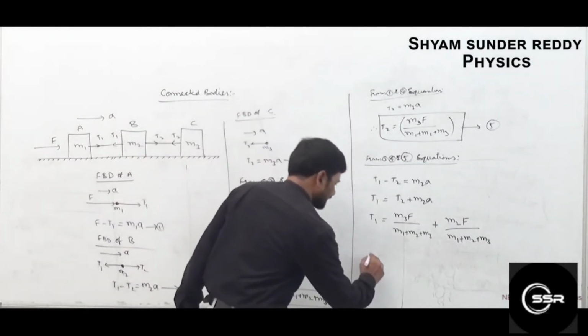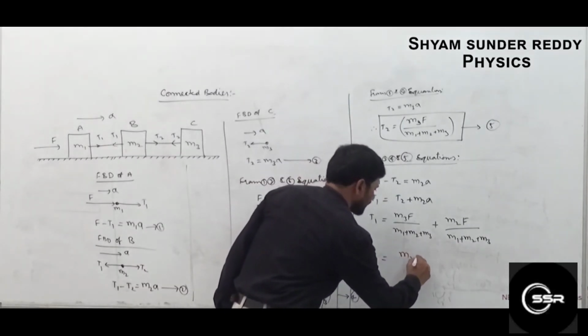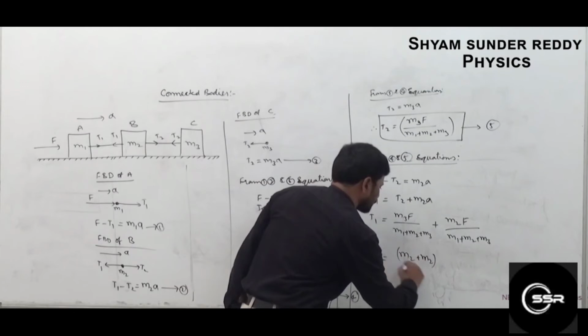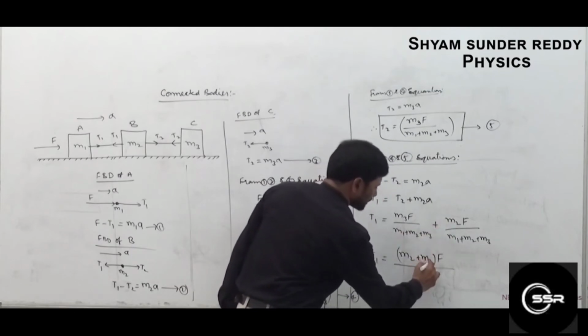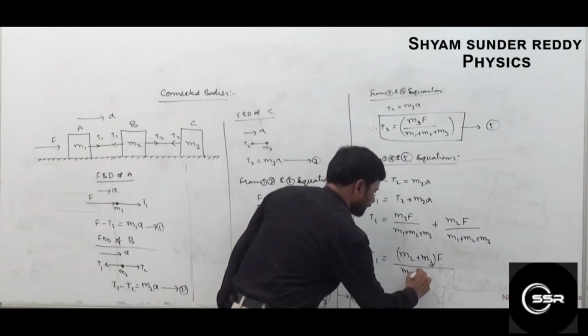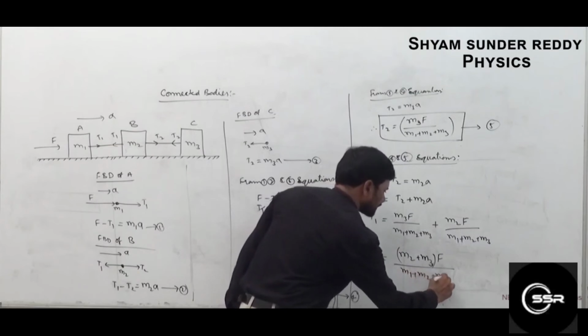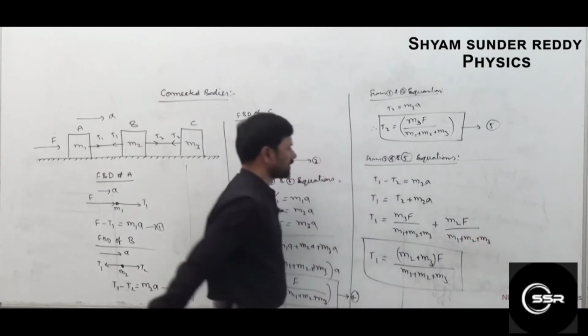So, we can take T1 is equal to M2 plus M3 into F by M2 plus M3, M2 plus M3 by M1 plus M2 plus M3. This is the answer, T1.